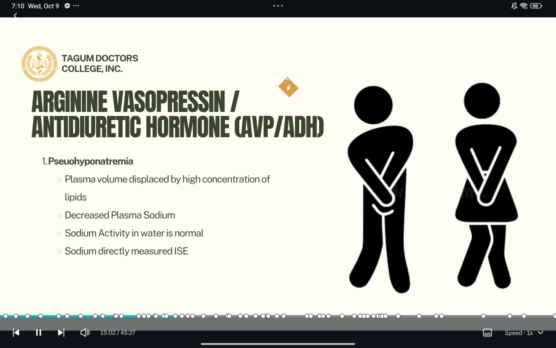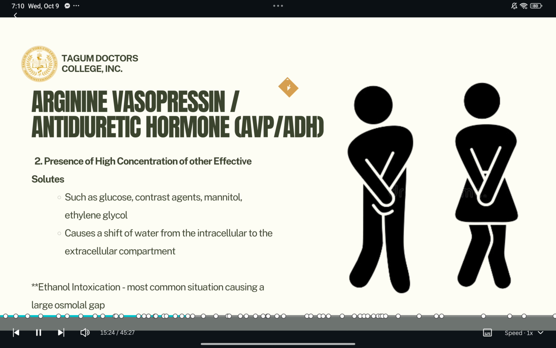So there is usually decreased plasma sodium. Okay, however, the sodium activity in water is normal, and the sodium can be directly measured through ISE. Okay, ISE is usually the method used for our electrolytes.